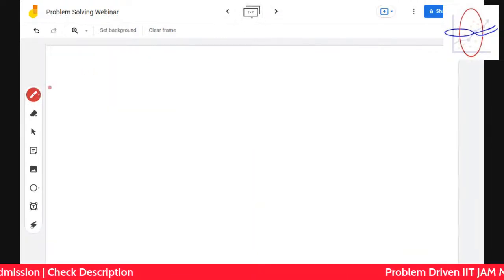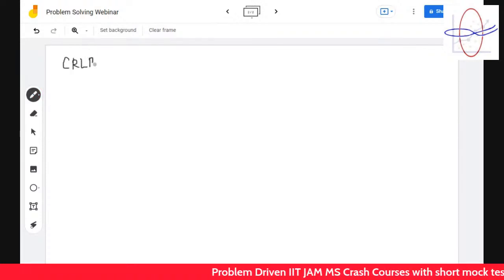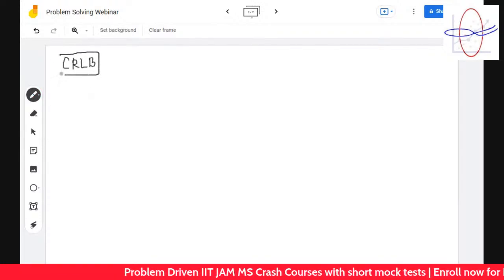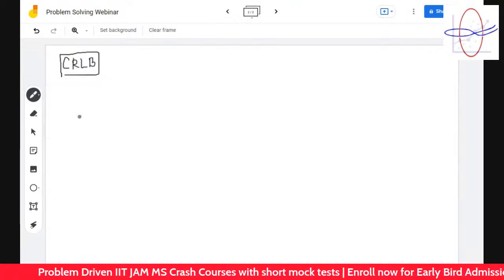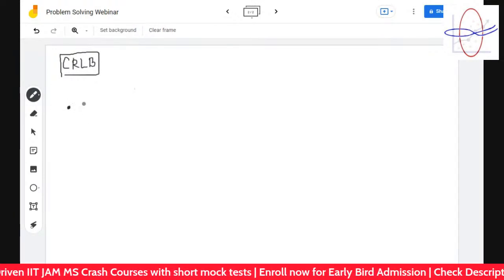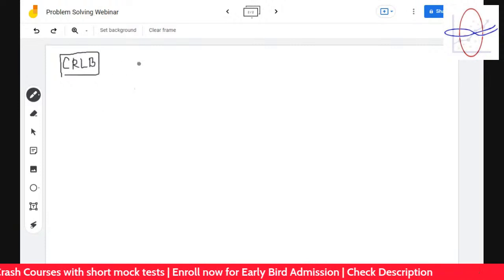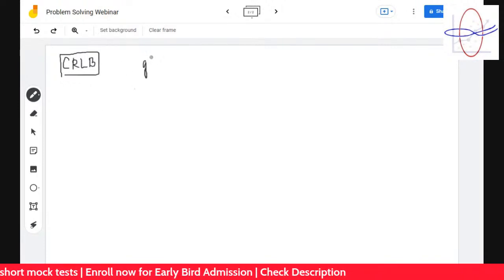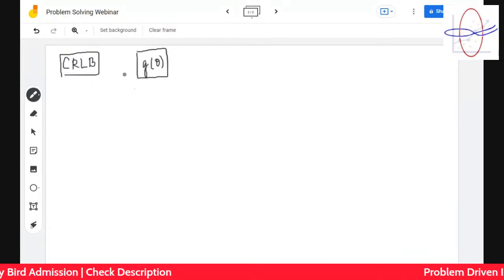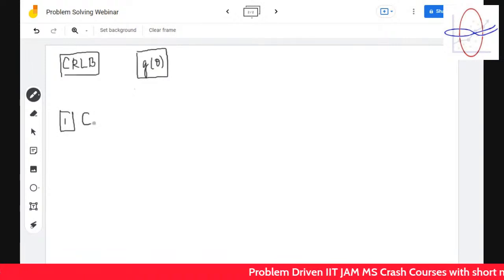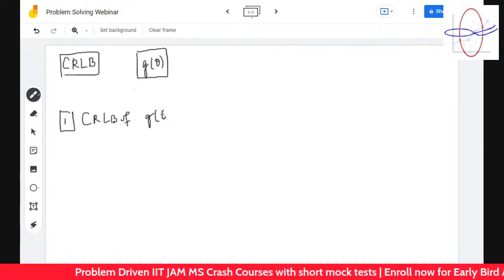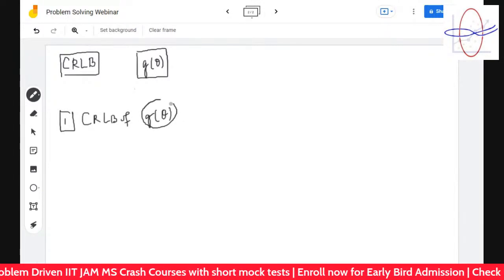The CRLB method is the following. We find out the CRLB. So let's say we want to find the UMVU of g(theta). The first step is to find the CRLB of g(theta).